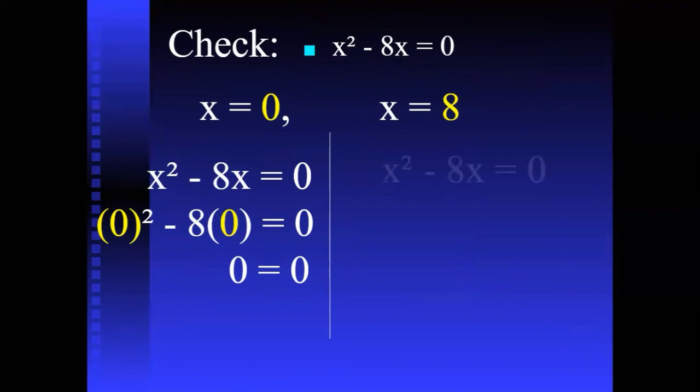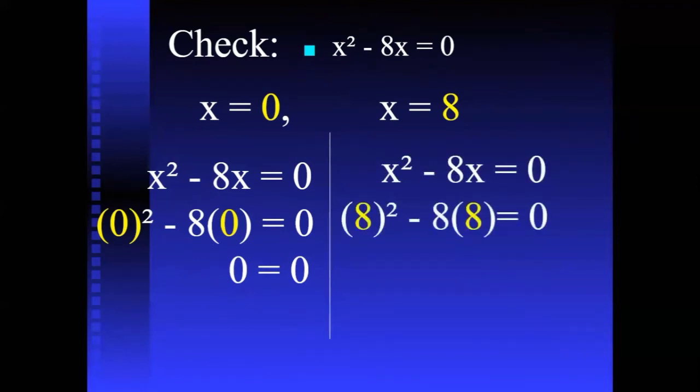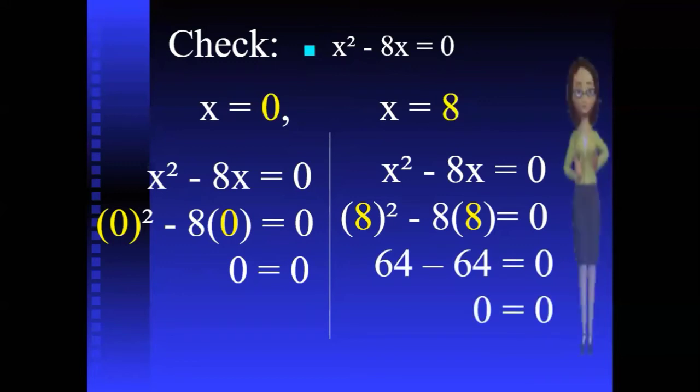If x is 8, 8 substitute into x, so it becomes 8 quantity squared minus 8 times 8 equals 0. So the answer is 64 minus 64 equals 0, and that is 0 is equal to 0.